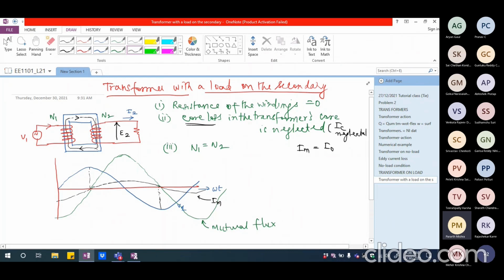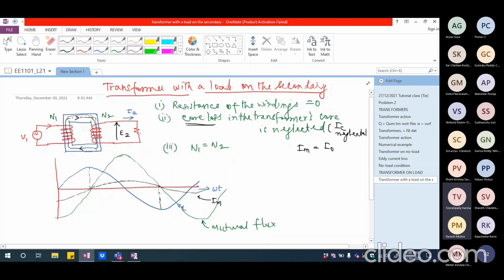It is going to flow this way. This is the flux set up by the current drawn by the secondary winding or the load. That is I2.